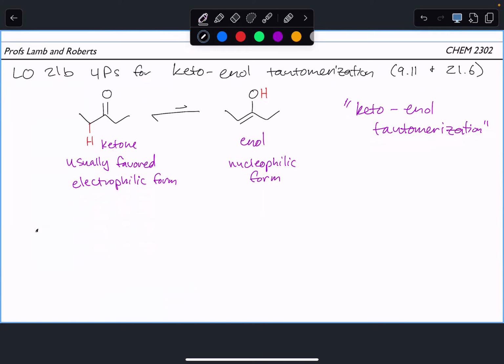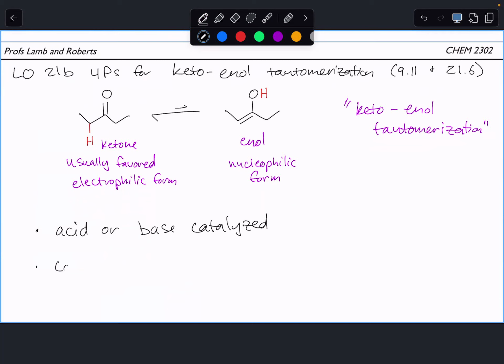This process can be either acid or base catalyzed. Notice that on both sides of this equilibrium, they are both neutral molecules. So this is not an enolate. It's not negatively charged. It's the enol, which is the neutral form.